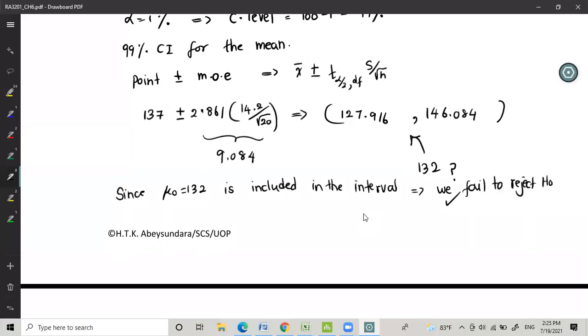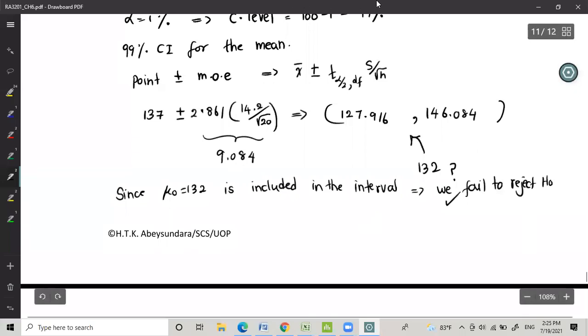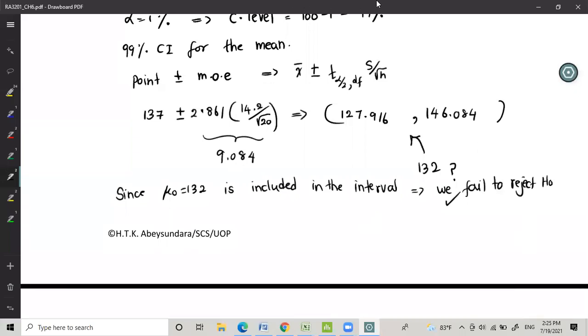Now, if you do the hypothesis test at 5% alpha, what is the corresponding confidence interval? If alpha is 5%, the corresponding confidence interval will be 95%. If you do the hypothesis test at 10% alpha, the corresponding confidence interval will be 90%, right?